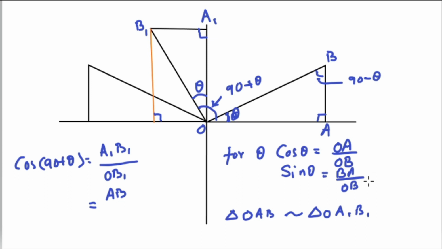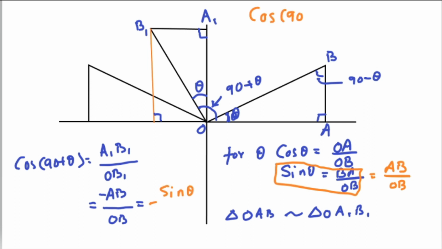So it is the negative of AB, and the hypotenuse is OB1, which is equal to the similar side, that is OB, and that is equal to negative of sin theta, because minus AB by OB is equal to minus sin theta. So cos of 90 plus theta is equal to minus sin theta.